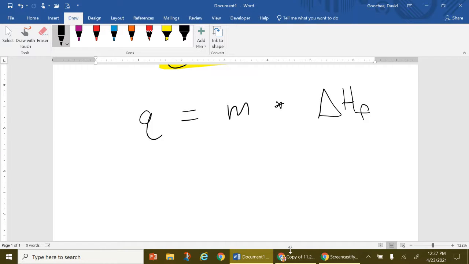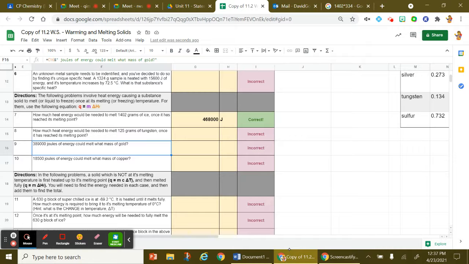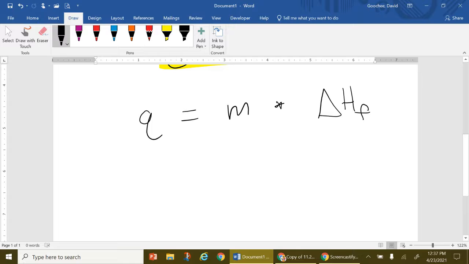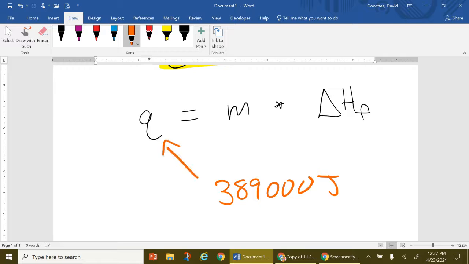So we are given a value in this problem, 389,000 joules. Is that the energy, the mass, or the heat of fusion? Well, it's joules, so it is in fact the energy.